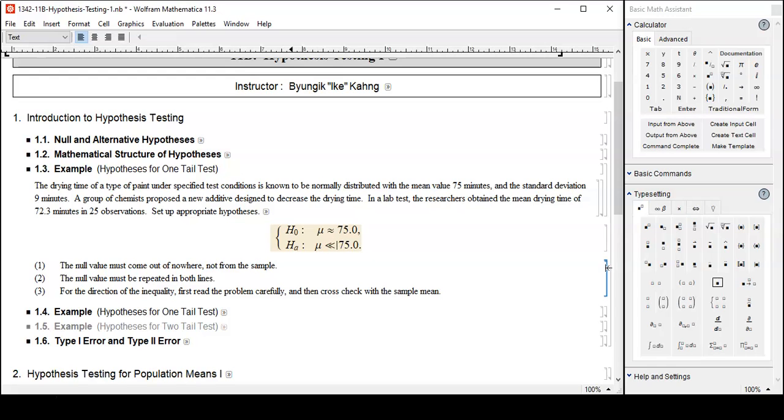Remember all these 3 criteria, because I see a lot of mistakes in the initial setup. And once you screw up in the initial setup, after that, everything goes wrong. And hypothesis problems tend to be really long and have multiple parts, and can be something like a 20-point problem on a 100-point exam.